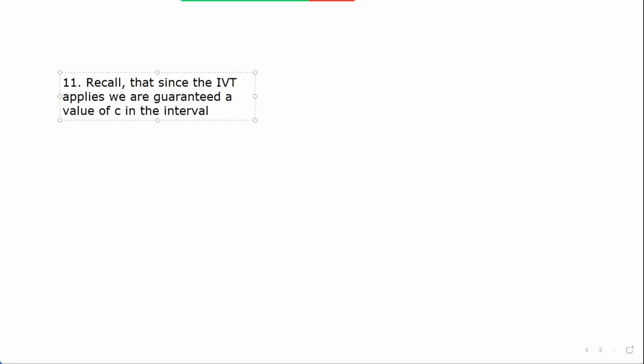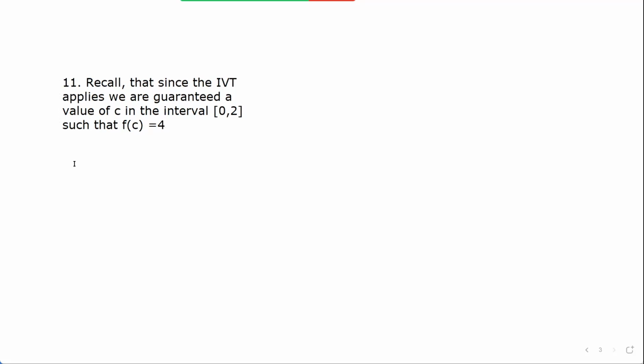We tested the interval from 0 to 2. We're guaranteed a value in the interval from 0 to 2 such that f of c is equal to 4. That's what we know, based on that whole discussion that we just had.